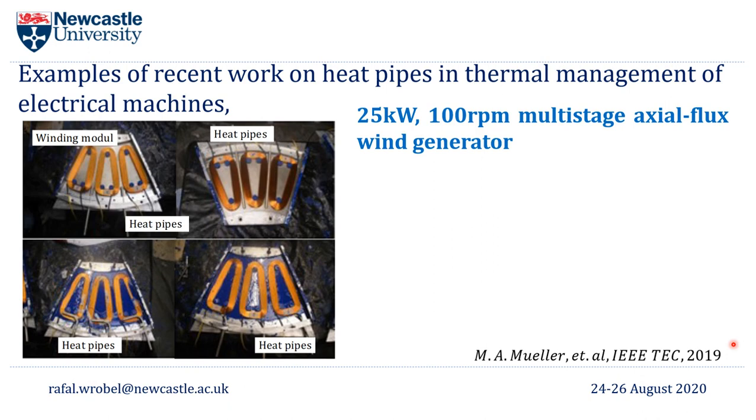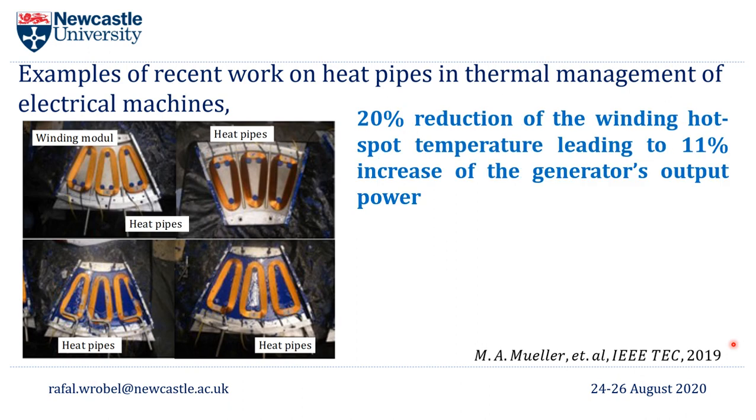So there's a sandwich-like structure, which is particularly difficult when it comes to heat removal. And here heat pipes allow a reduction of the winding hotspot temperature by 20%, and that led to an 11% increase of the generator's output power. And interestingly, the L-shaped heat pipes that were placed at the winding outer periphery were the best in terms of the arrangement and heat transfer benefit.